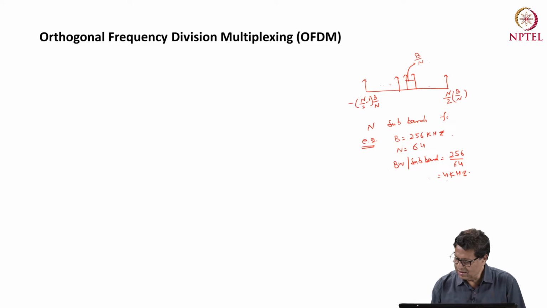So this B by N is 4 kilohertz. And the different frequencies are Fi equal to i into B by N. The fundamental frequency is F0 equal to B by N, and so T0 will be 1 by F0, that is N by B.